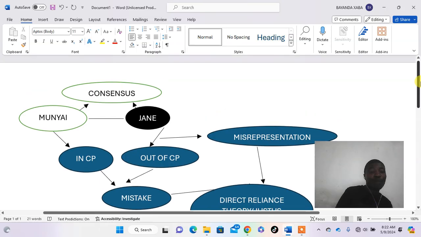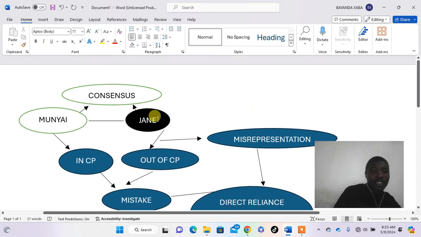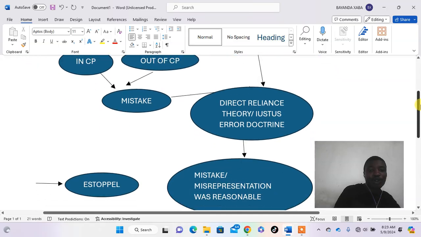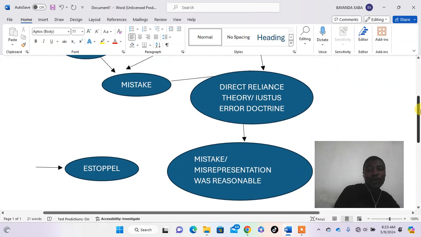It means that both Jane and Munyai can raise an estoppel, so that Jane tries to prevent Munyai from denying that there was a contract, or Munyai can raise an estoppel so that Jane cannot deny that the contract has been concluded.